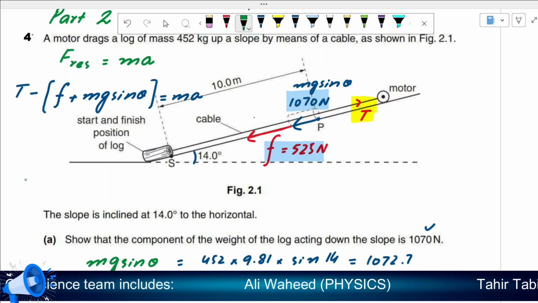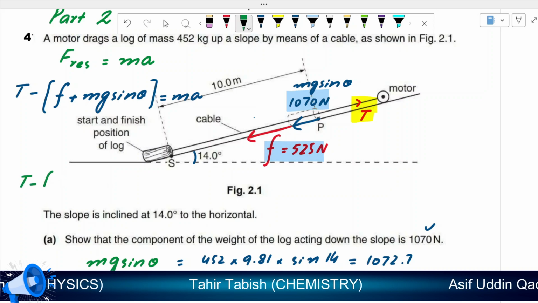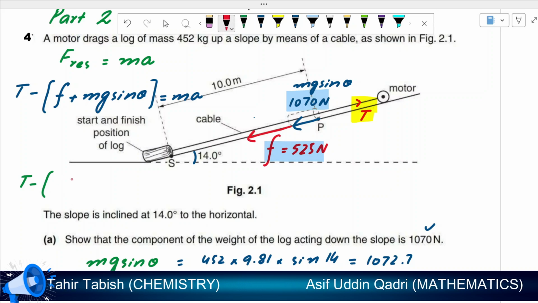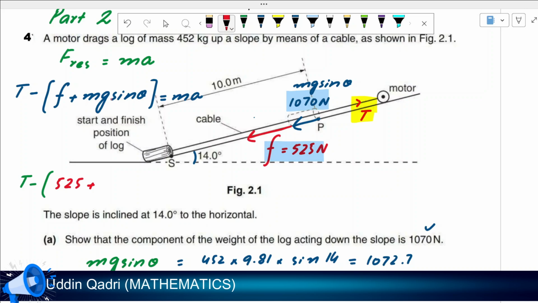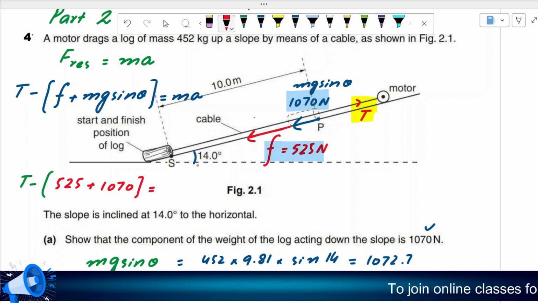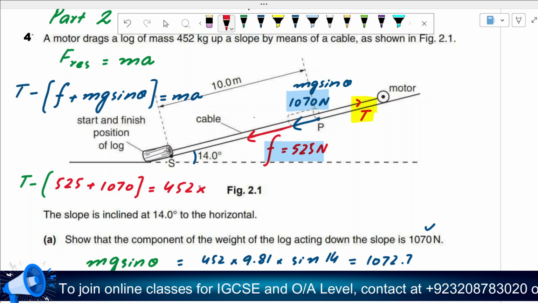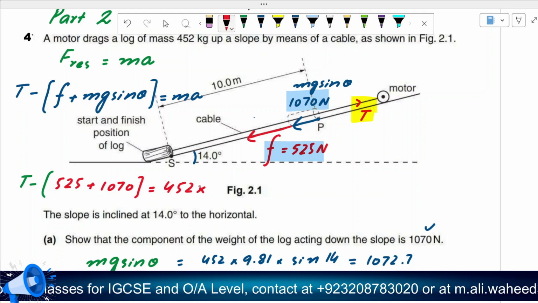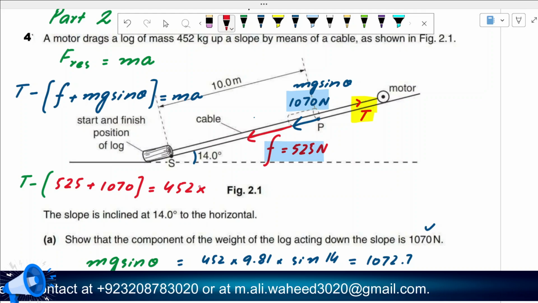Now, what is the tension? Well, we don't know. We need to find the value of tension, minus, what is the friction? 525, plus what is mg sine theta? 1070. That equals ma. M is 425. Acceleration in this case is not 9.81. I repeat, it is not a situation of free fall. It's not a vertical motion.